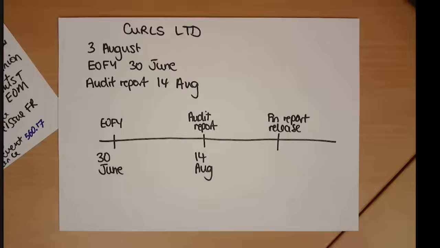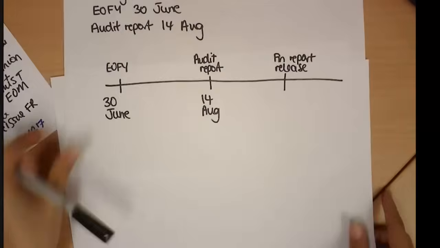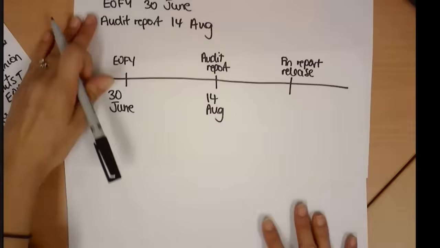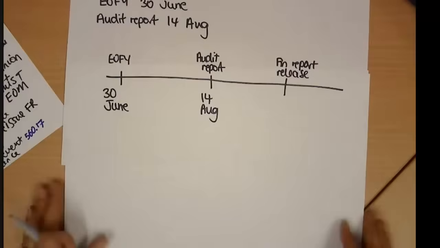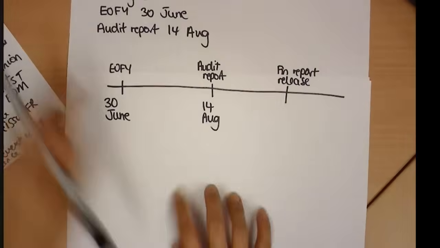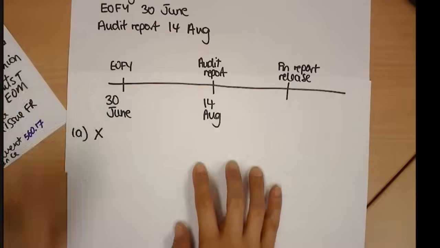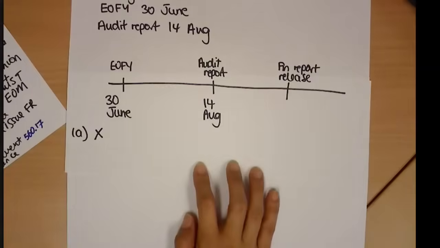Okay. So according to our question, I'm just going to move up a little bit of the sheet here. For part A, on the 27th of June, back here at this point, there was a fire in the warehouse.